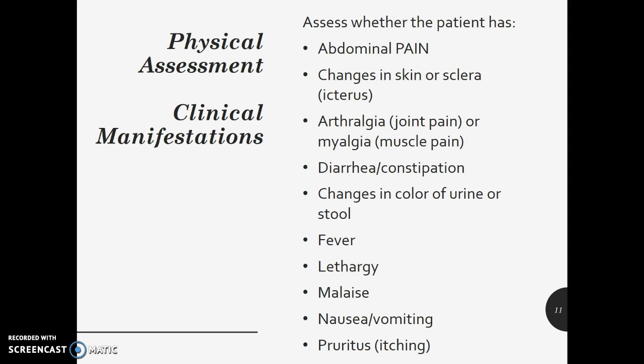They may see changes in color of their urine or stool that mimic the bilirubin color. So it's always important to ask them specifically about those colors or observe the color of their urine when you're obtaining a specimen. They may have fever, lethargy, malaise, nausea, vomiting, and pruritus is very common with itching, very itchy skin.